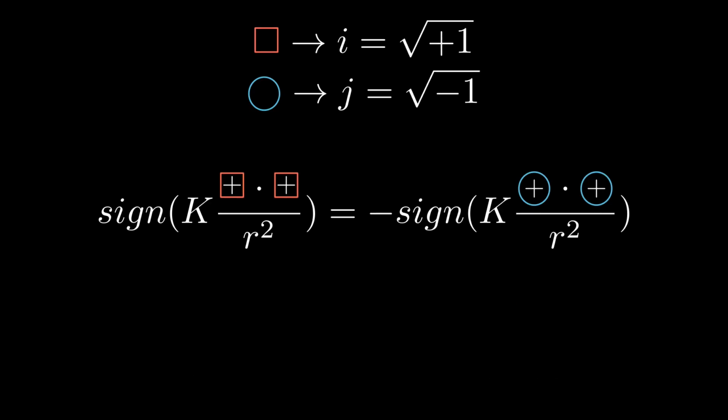This choice doesn't really matter, as long as these quantities are mutually orthogonal in the complex sense.